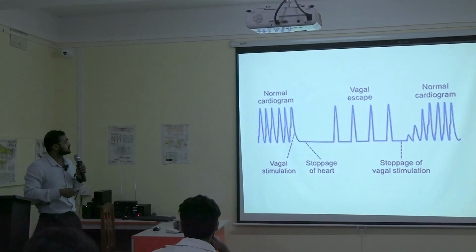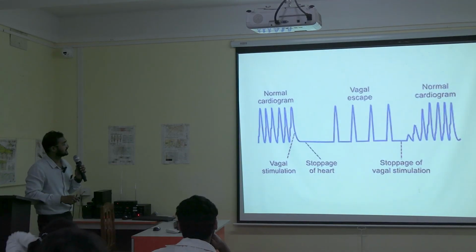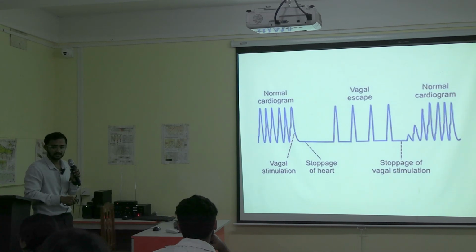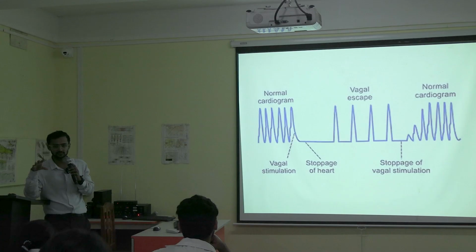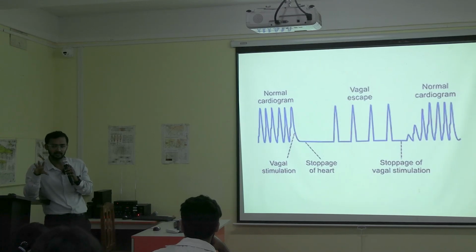Okay. So here another diagram is there. It is showing the effect if we give vagal stimulation continuously. As I told, you have to know the innervation also: the atrium, the electrical conducting system, and the ventricles. What are the nerves which are supplying? You have to know that also.